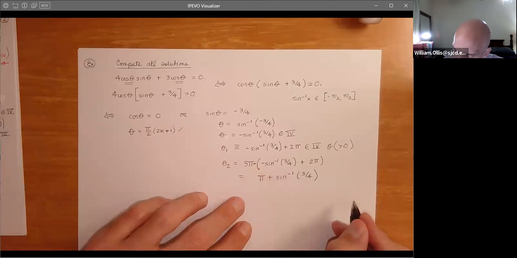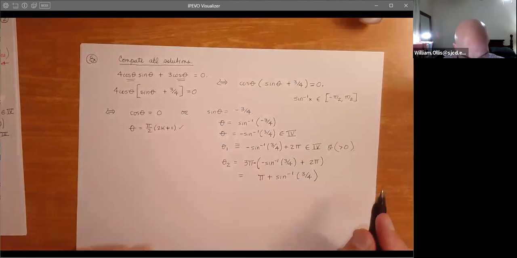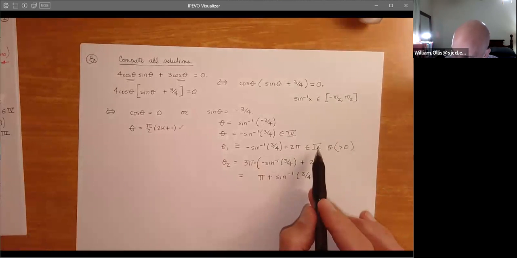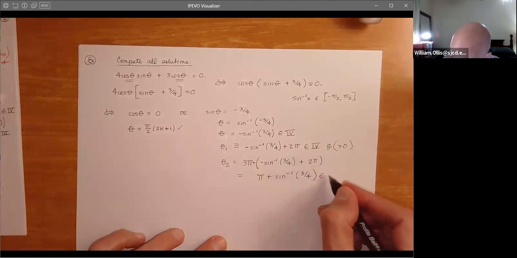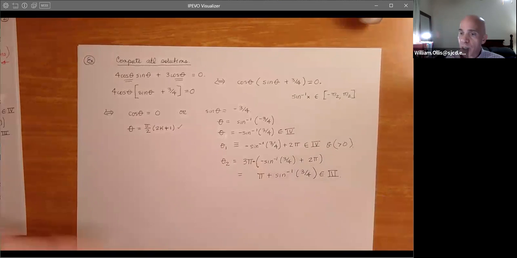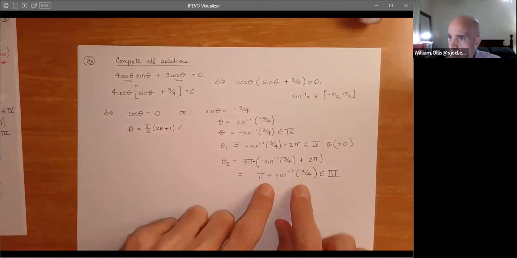Now, what's interesting about this is that this is the solution in the fourth quadrant, and this is the positive solution in the third quadrant. That's Professor Ron's lemma, because we know that the sine function has that nice odd property. So if we have a solution in the fourth quadrant here, we have the automatic one in the third quadrant, which is this one here.